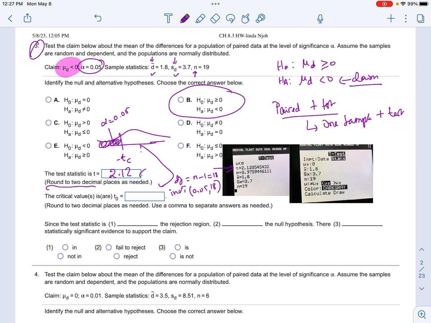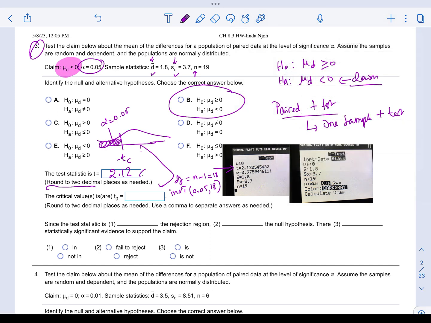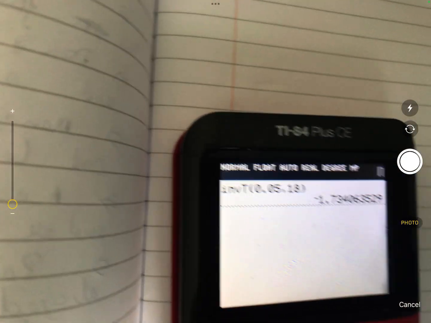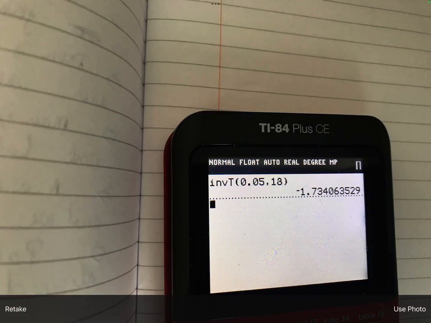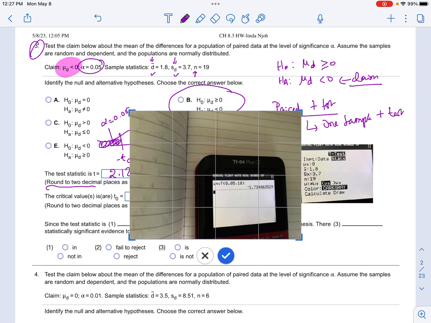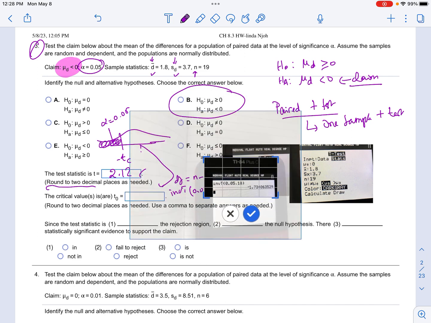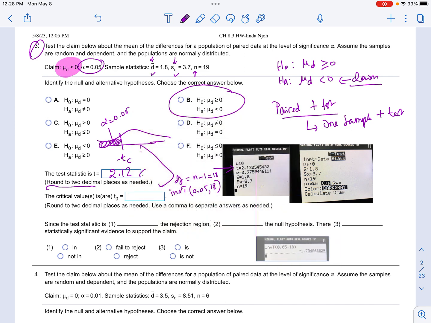So we go to second function, distr, inverse t, 0.05, 18, and then press enter. There goes your critical value right here. So your critical value on the left is negative 1.73.